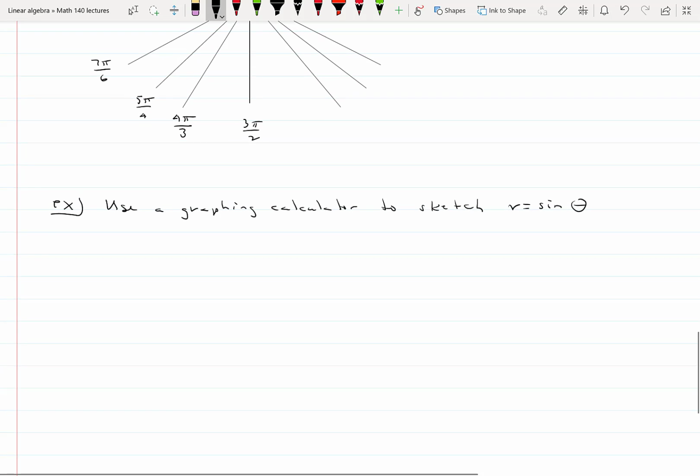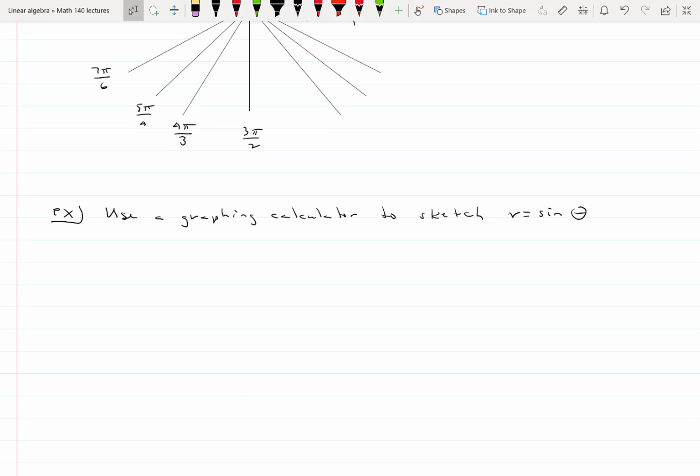There are 3 steps to doing this. Step 1: put your calculator in the correct mode. We need to be in radian mode, and we need to be in the polar graphing mode, POL.